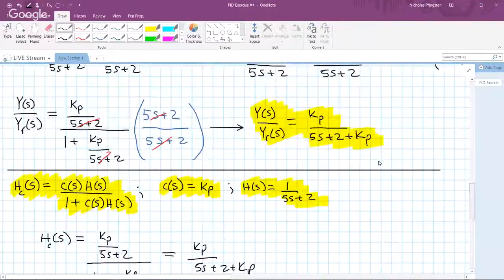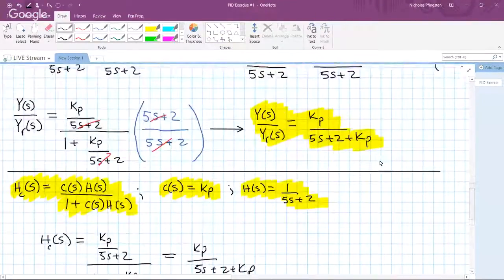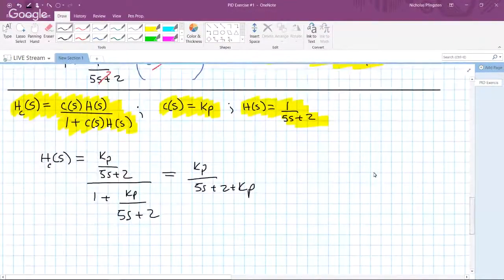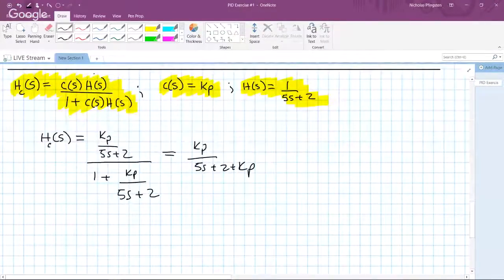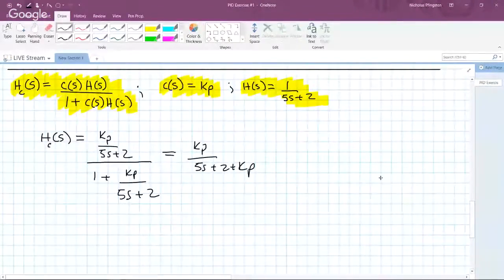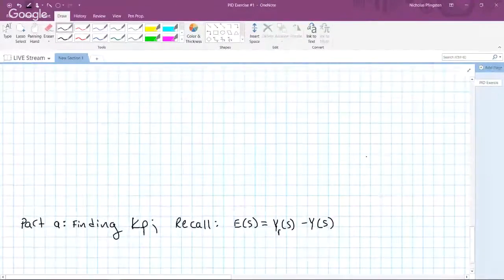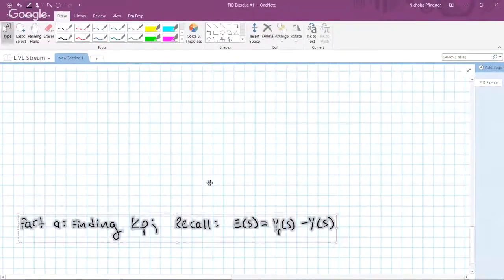When I highlight stuff in yellow, it's usually pertinent information to the problem or just pertinent formulas. So this is a pretty good formula to stick to. Not the end all be all, but it's pretty good. So I'm going to bring this back up, and we're going to finish part A, all these parts.